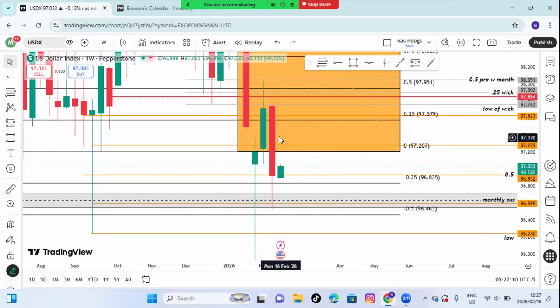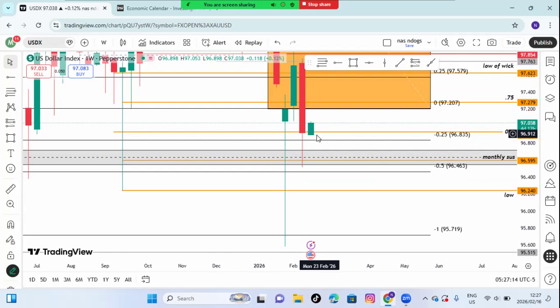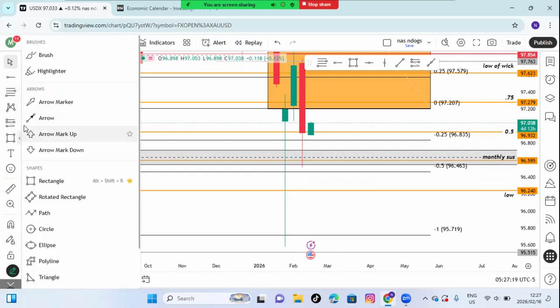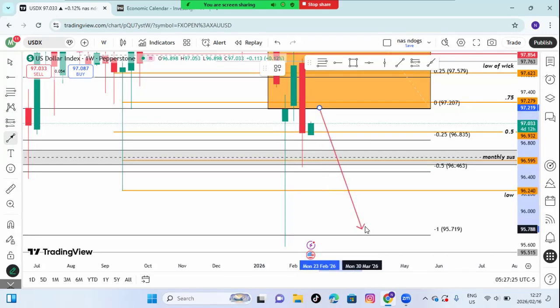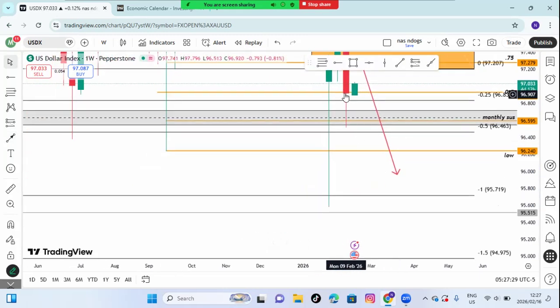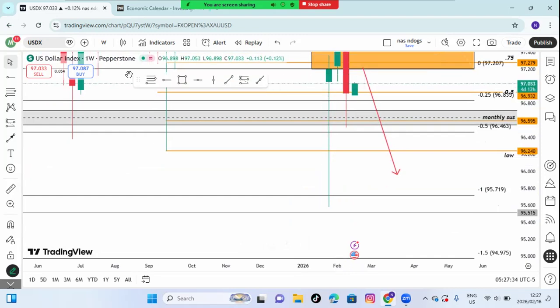We'd like to see probably weekend then run if it's gonna do something like that. And then I'm gonna anticipate if it comes near here, we're anticipating that it's gonna go lower, right? Could go lower, 50% of this week, right there. 50% of this week could go lower.